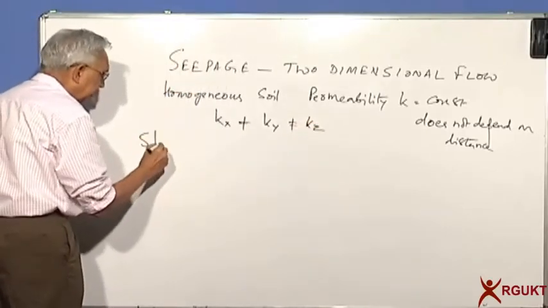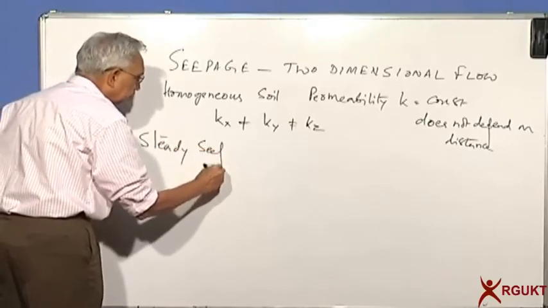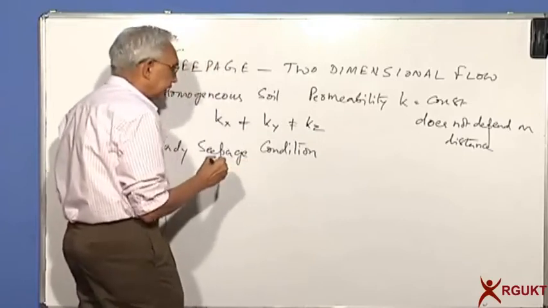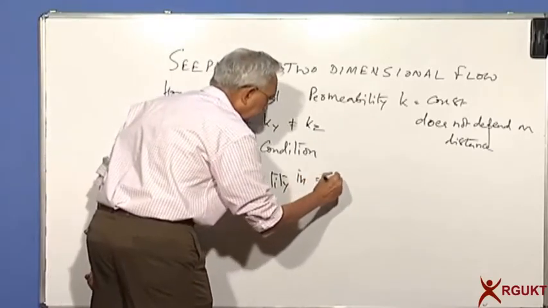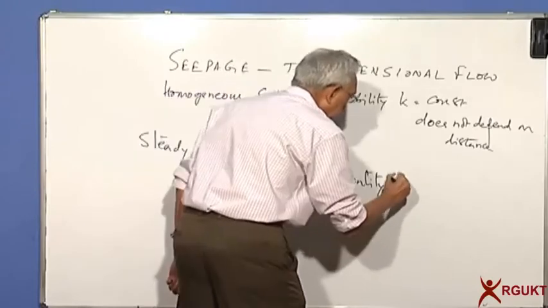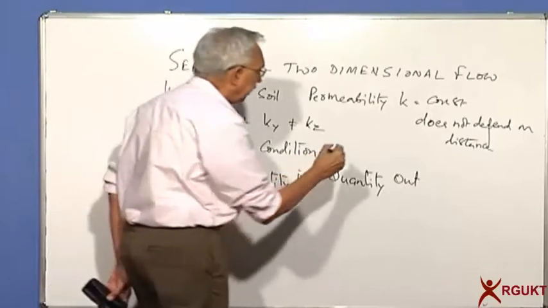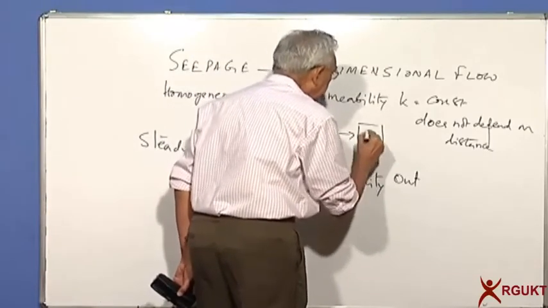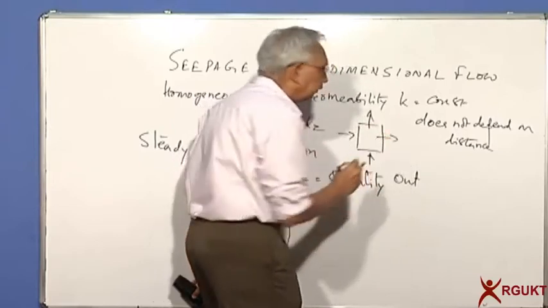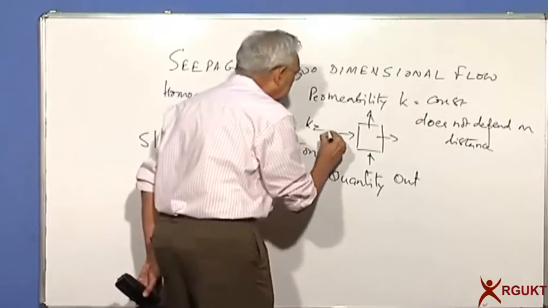Again, I would like to mention it is a steady seepage condition, which means quantity in is equal to quantity out. So if you take a small element, what you are saying is the flow can enter in two directions and it will go out in the two other planes.